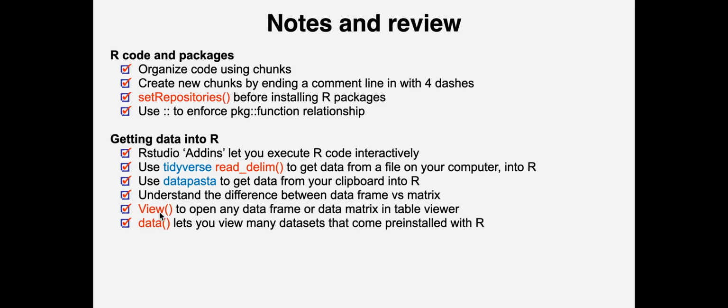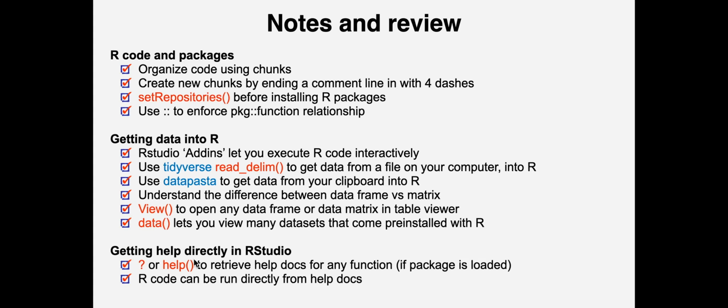You can use the View function, capital V, to open any data frame or data matrix in the table viewer. You can also just click on it in the global environment browser, and it'll open, essentially running this code for you. And then lastly, you have a bunch of data sets available to you. You can use the data function to list those data sets. And if you add the name of a data set in the parentheses, it'll load that data set and display it for you.